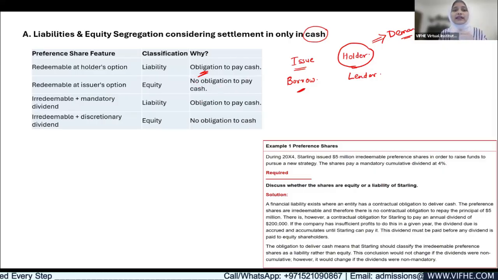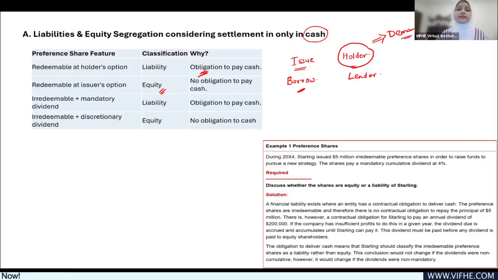In a way, if the holder has the option to demand money, that kind of obligation is missing. He has to pay, but it is at his option. So if that is the case, then this is like an equity. This is like an equity, because what happens in equity? There also, it's not completely that there is no obligation to pay cash.